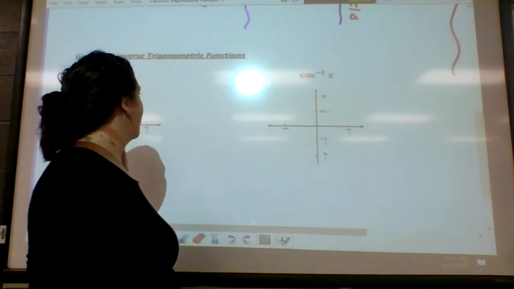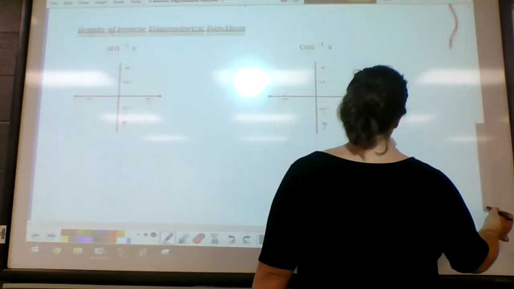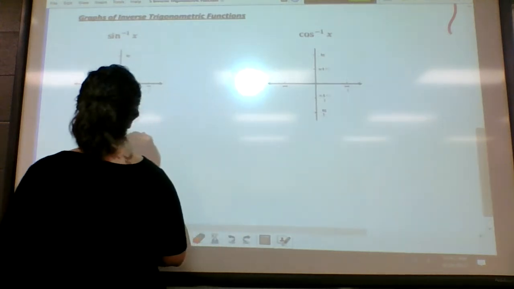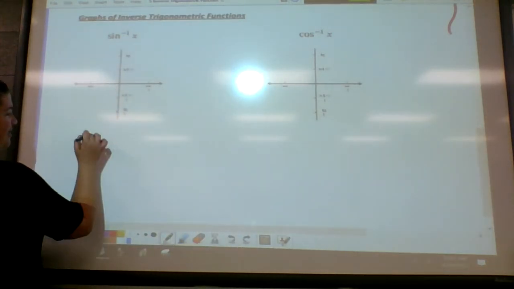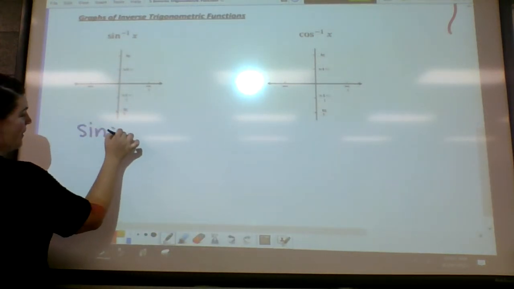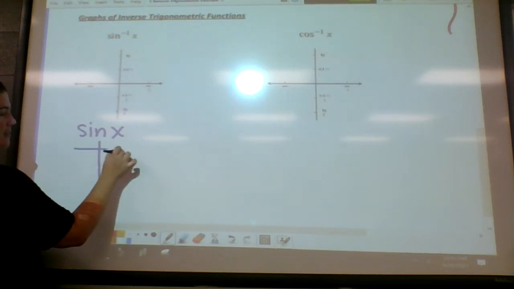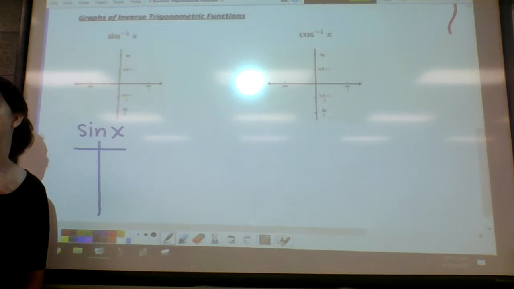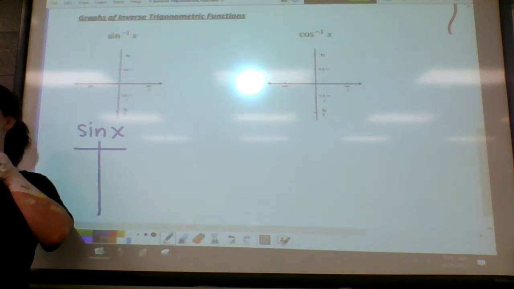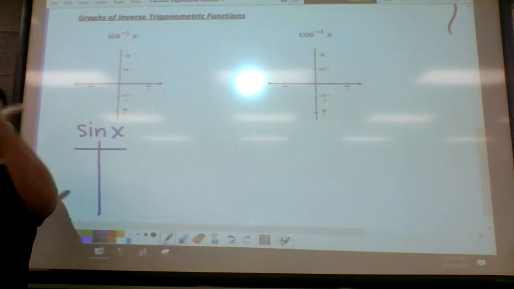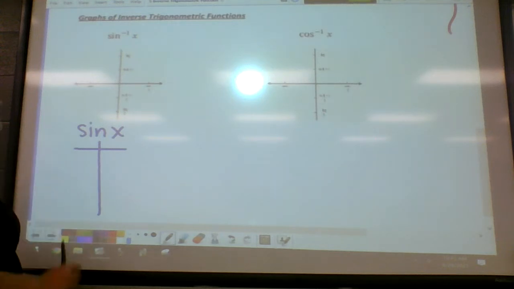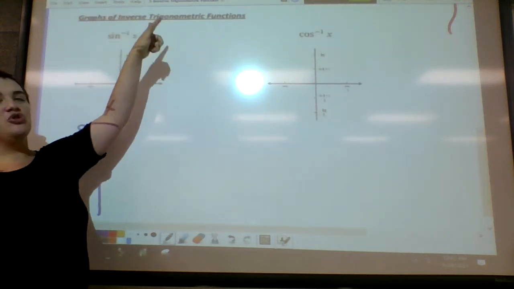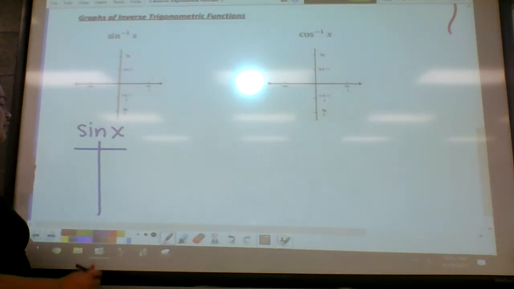So if we were to talk about the graph of sine inverse, do you remember the relationship between inverses and the original functions when we talk about graphing? The x's and the y's merely flip-flop. Now, sine inverse is restricted between what numbers?